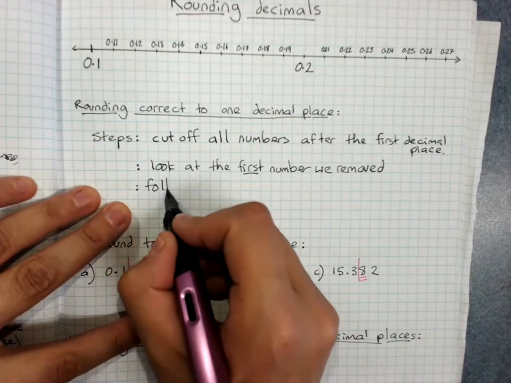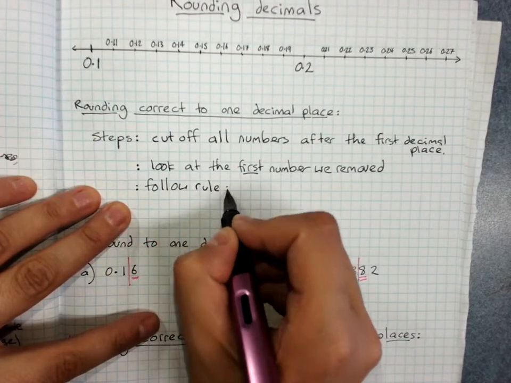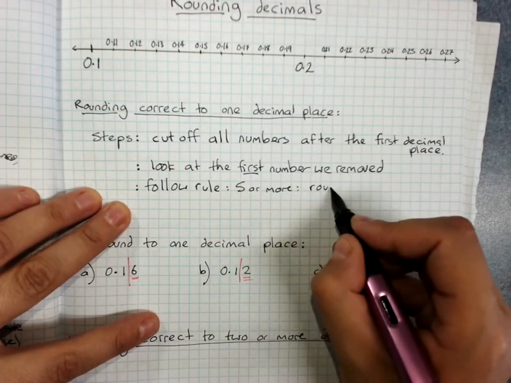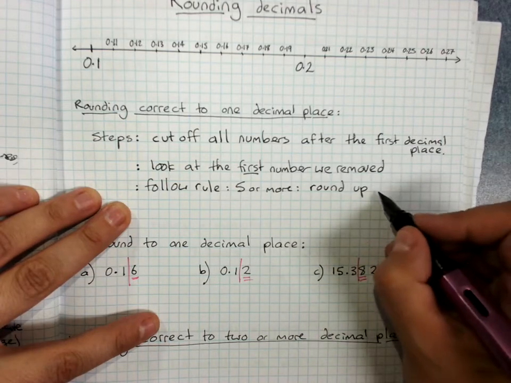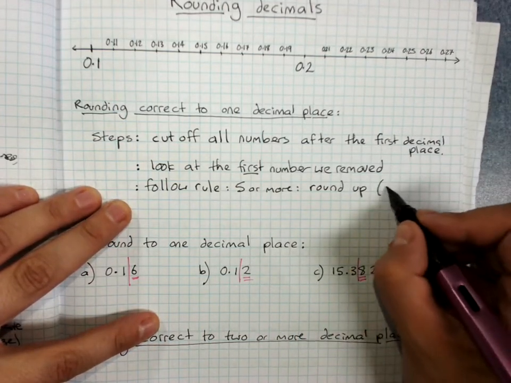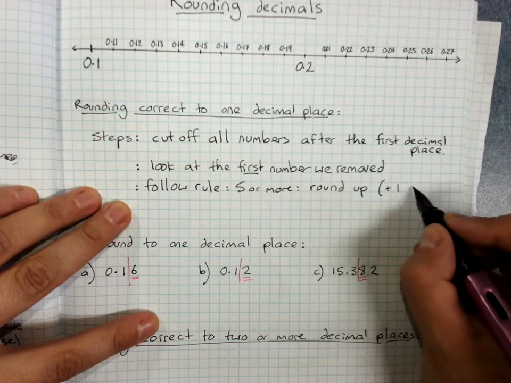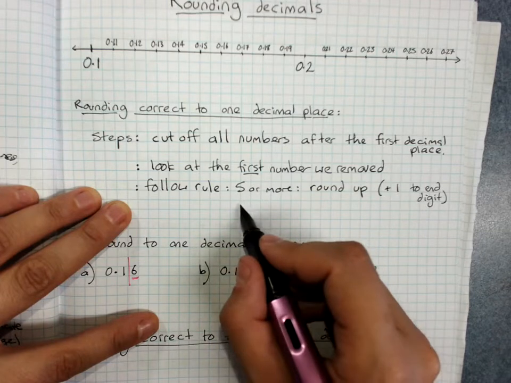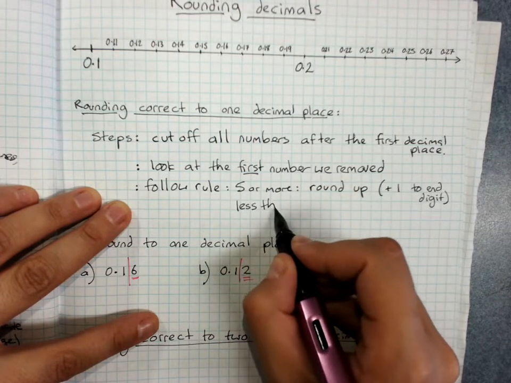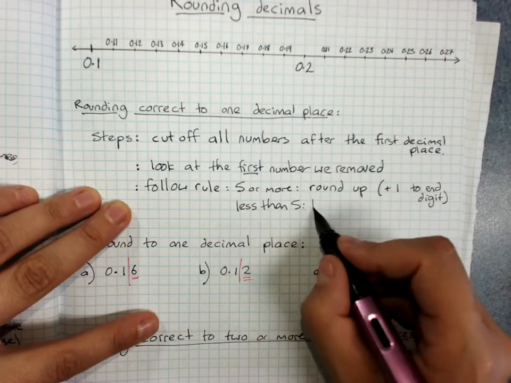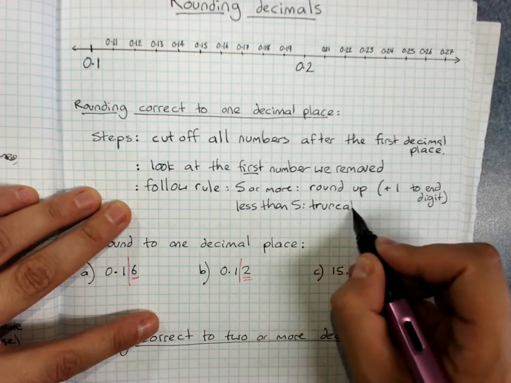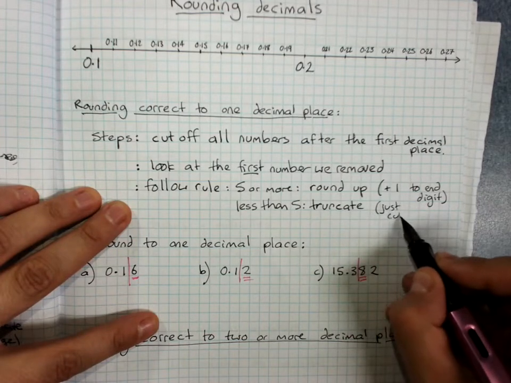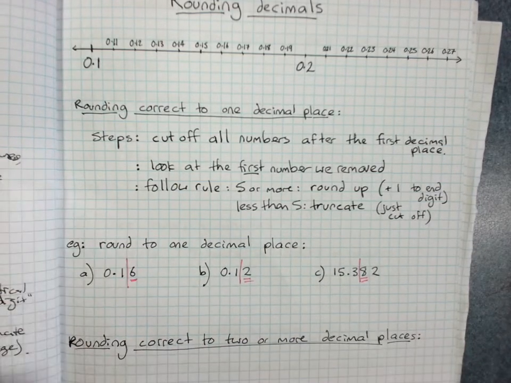Follow the rule. 5 or more, round up. So that's +1 to our end digit. Less than 5: now you remember the word truncate? It just means to cut it off. So we don't make any changes.